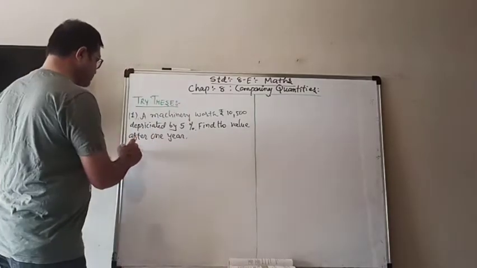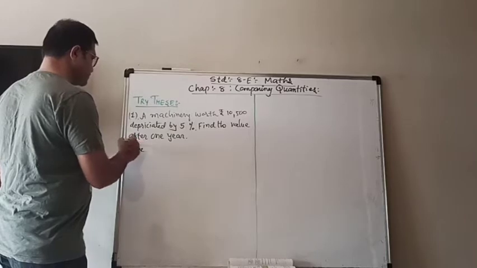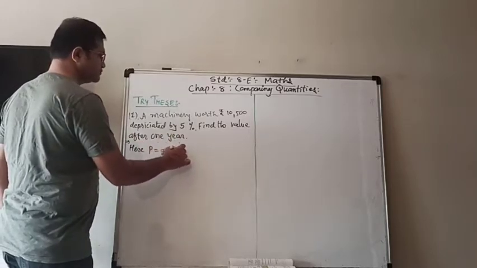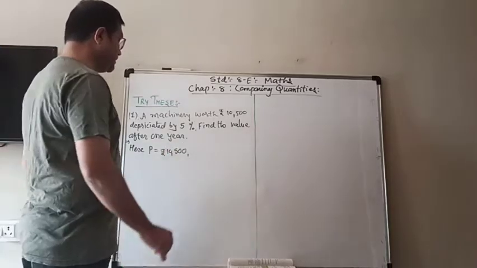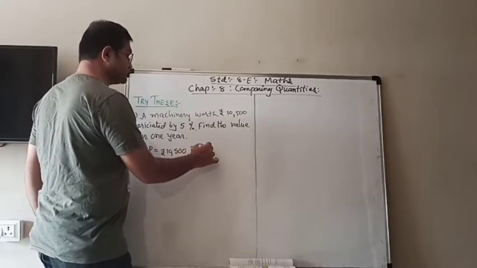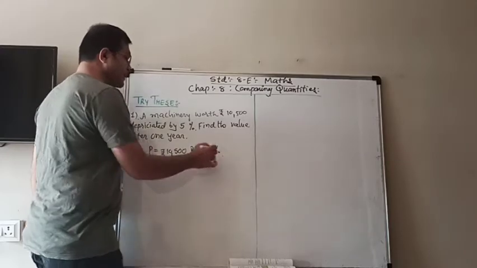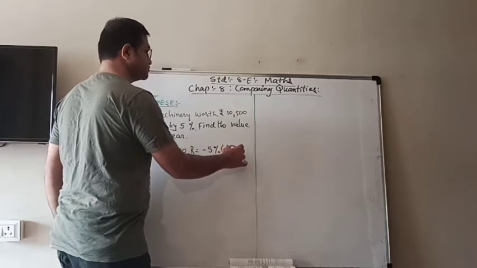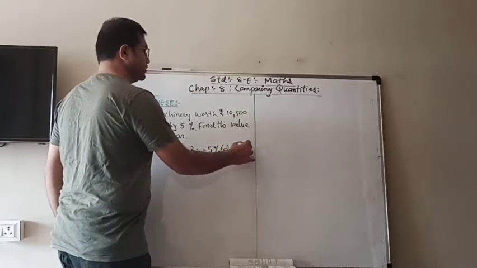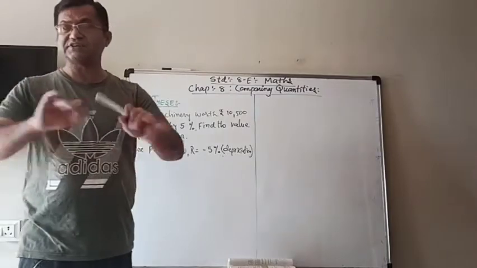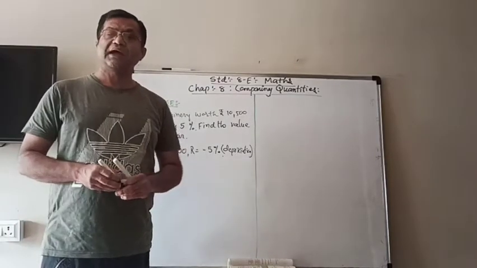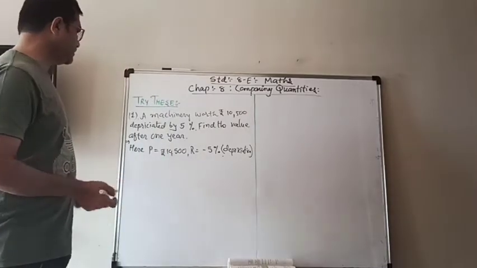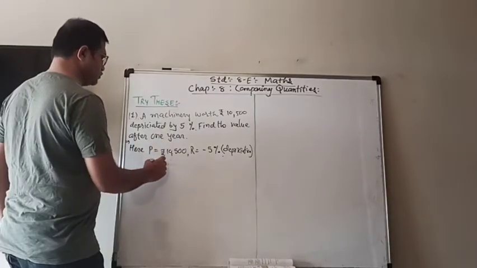Here P is equal to rupees 10,500. And here rate of interest is minus 5%. Why minus? Because it is depreciation. It is not increasing, it is decreasing. And therefore, we have to take it as minus. And n is equal to 1 year.